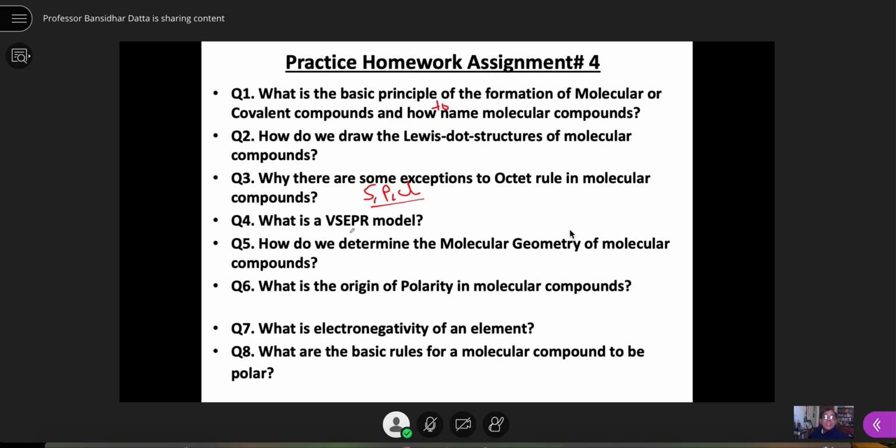Questions will also be asked, what is the VSEPR model? How does it work? As you know, the VSEPR model, we talked about it, right? Four electron clouds surrounding the central atom. And because these electron clouds repel each other, being negative charges, they will try to stay away from each other as far as they can. One such example is a tetrahedral molecule, X4 type.